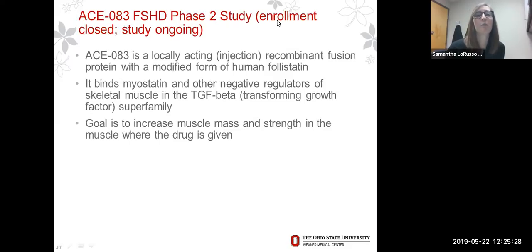All right, so some other words about just a couple other studies. There's this one that many of you are familiar with, ACE-083. This is an intramuscular injection that they're looking specifically at the biceps and the tibialis anterior muscles. Tibialis anterior is the muscle in the lower leg that allows you to bring your foot back. The overall goal of this is to increase muscle mass and strength in the muscle where the drug was given.